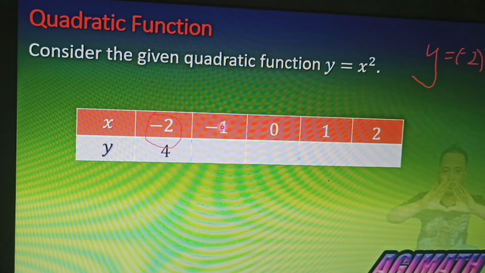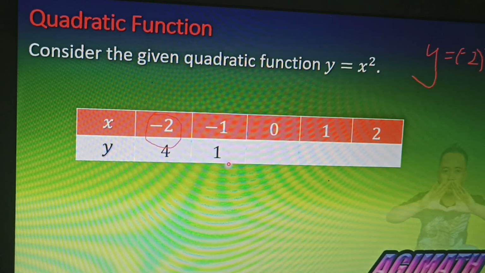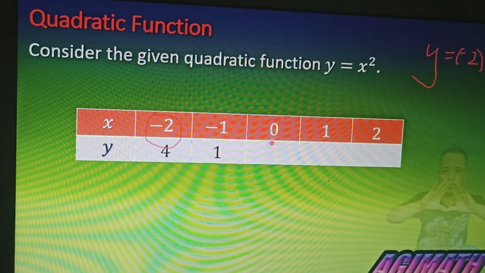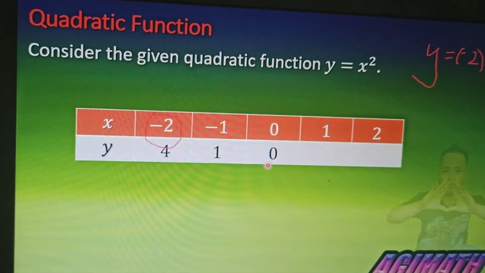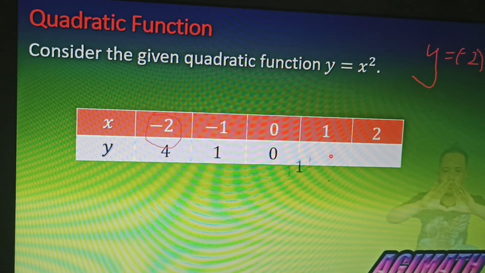Now, if x is equal to negative 1, y is equal to positive 1. Why? Because negative 1 times negative 1 is positive 1. If x equals 0, 0 squared, 0 times 0 is equal to 0. And if x is equal to 1, 1 squared, 1 times 1 is equal to 1.